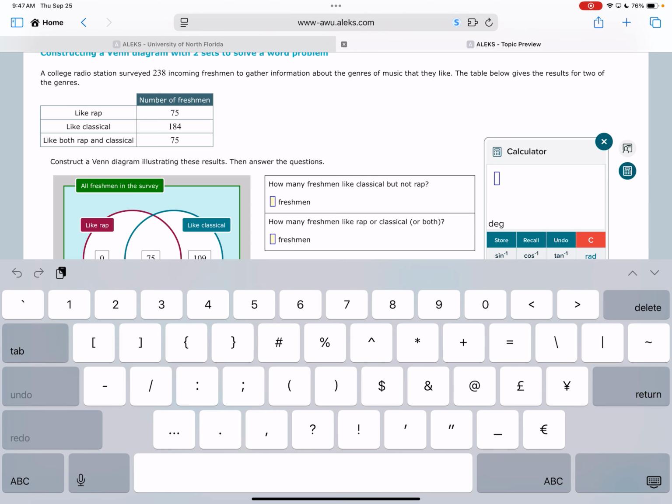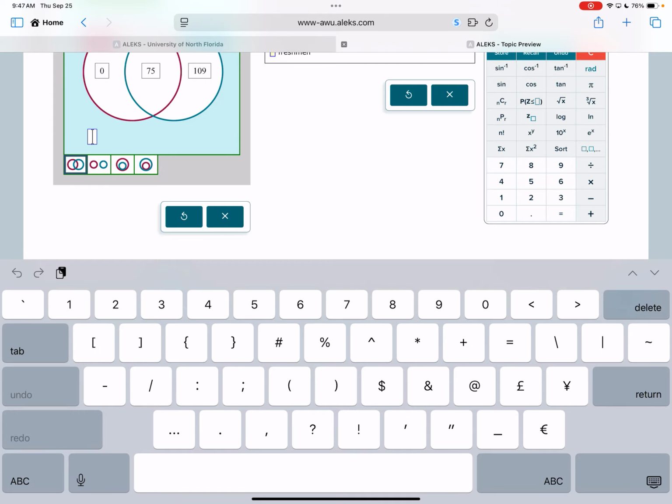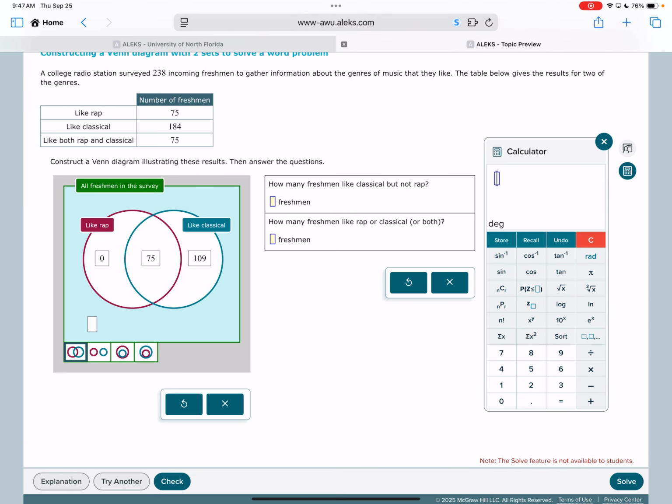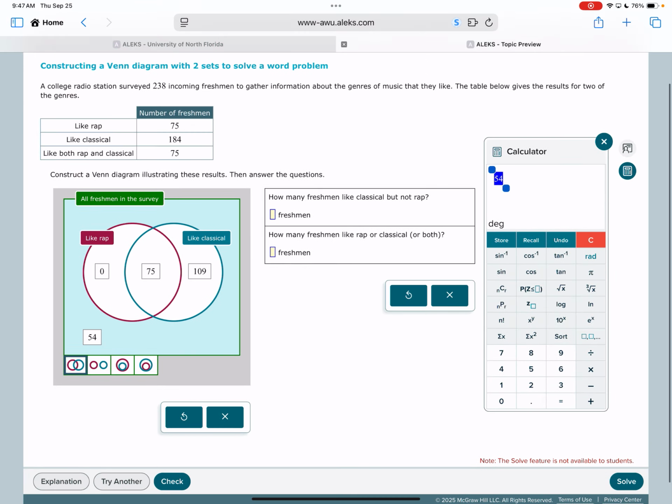And then the last thing that's always a little tricky is we surveyed 238 people. Oops, clicked on the wrong spot there. We surveyed 238 people. Inside the circles, we have a 75 and a 109. You can add those up and subtract them or just subtract them both. So the people that do not like classical or rap would be 54.